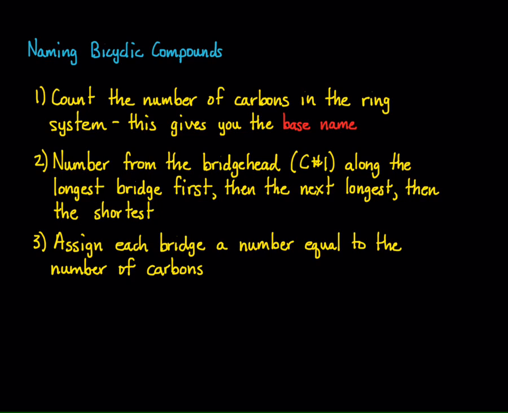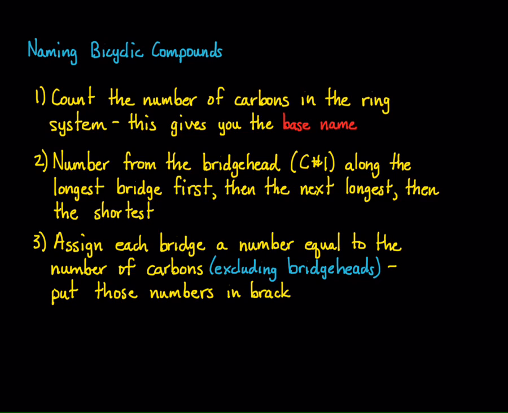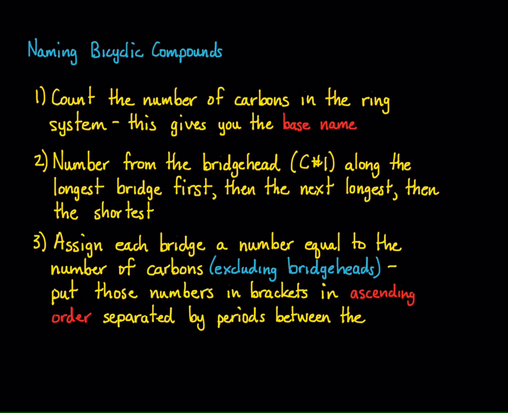And of course the tricky part here is we have to exclude the bridgeheads. We don't include the bridgeheads when assigning a number, and I'll show you examples of this in just a little bit. And so what you do is, once you have those numbers, you put them in brackets in ascending order, separated by periods between the bicyclo prefix and the base name.